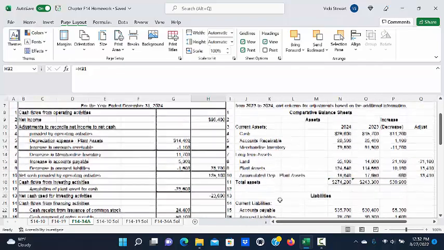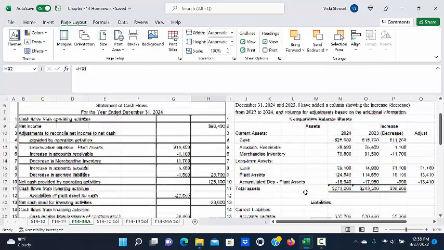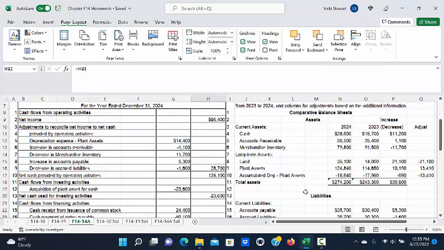And then the second part of the problem asked us, how will what you learned in this problem help you evaluate an investment? So if we were looking at Rolling Hills Inc. to determine whether or not we would want to invest in this company, remember that investors are interested in future cash flows.